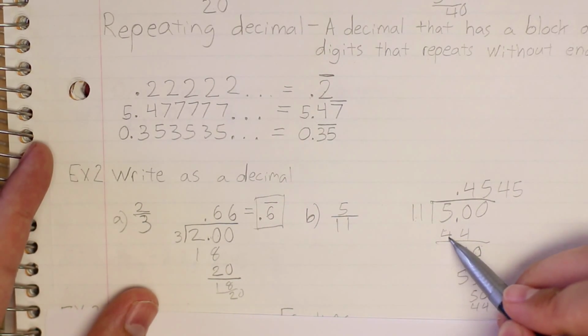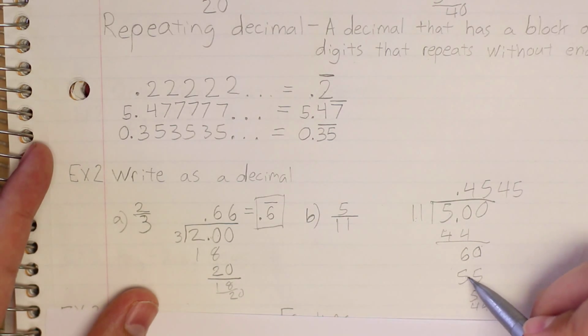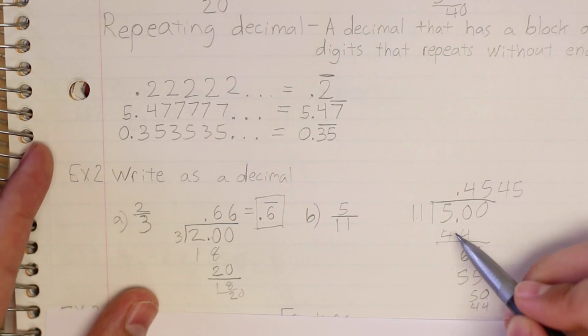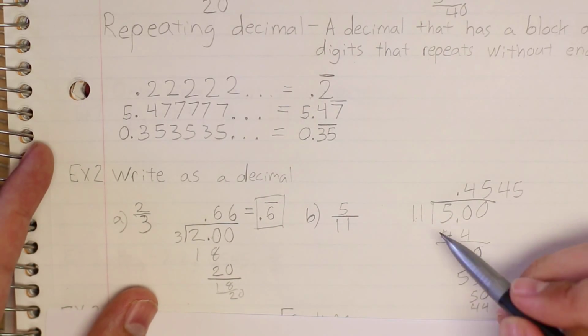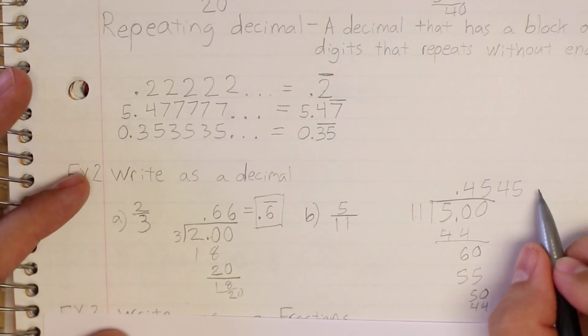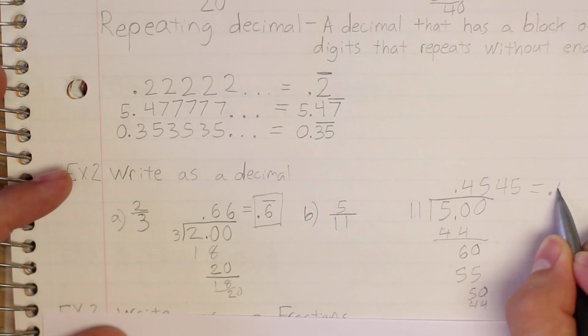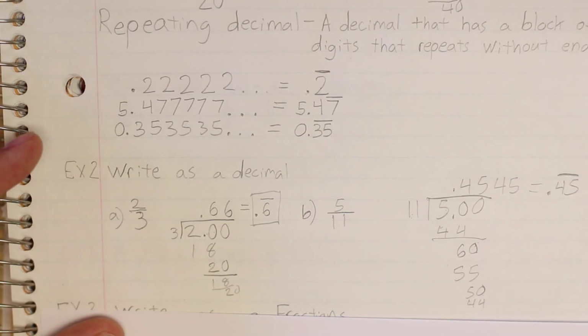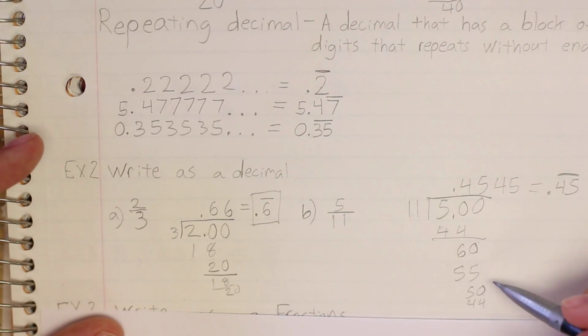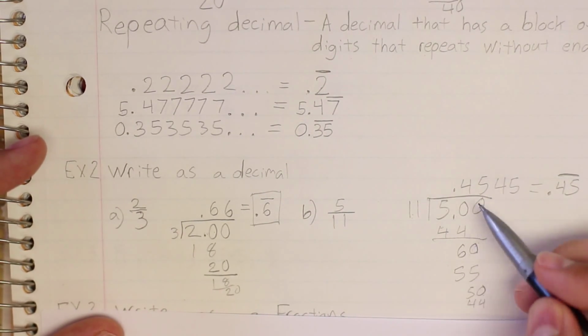I have 50 minus 44. I get 60 minus 55. I have 50 minus 44. Hey, I just did that up there. That's going to get me a 6 again. Make that a 60. Oh, you see a pattern. So this is equal to 0.45 repeating, okay? Remember, the key is to look not just up here, but down here.